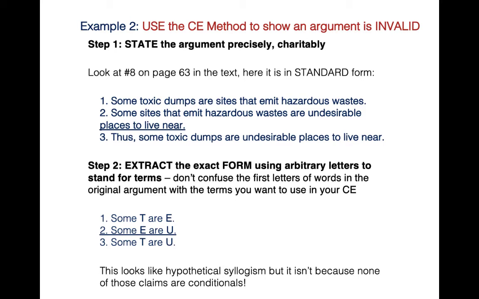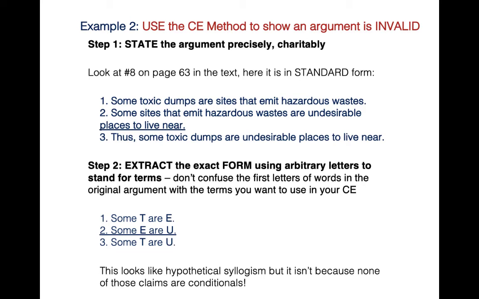Let's look at the third claim first. Notice above I have some toxic dumps are undesirable places to live near. Now I used indicated words in the way the claims given were relating to each other to get the conclusion, some toxic dumps are undesirable places to live near. That needs to be false.